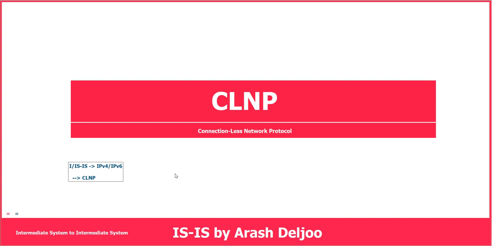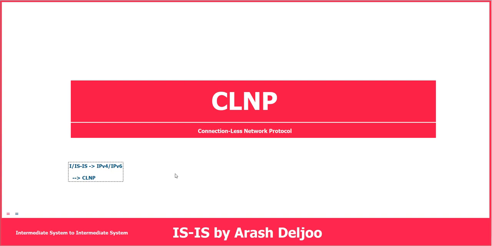Maybe it's surprising to you, but there are reasons that in the integrated ISIS we should build our topology, because ISIS is one of the link state protocols. We should build our topology with the CLNP addresses. But finally, integrated ISIS, or today's ISIS, or TCP/IP ISIS, can route IPv4 and IPv6.